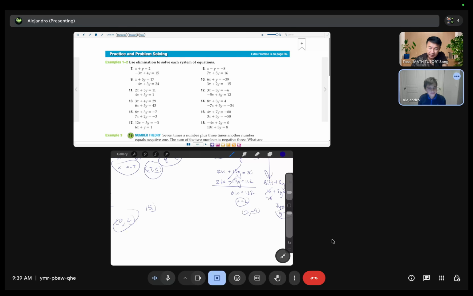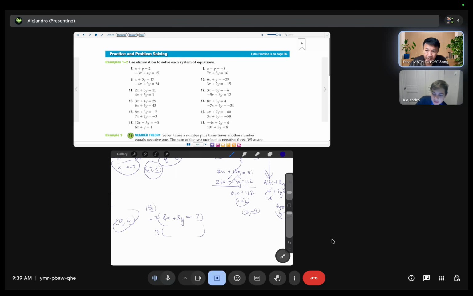I do the y. Okay, let's multiply the top by negative 3, or what do you want? Okay, negative 3. You mean negative 2 for the top? Oh yeah, right. Negative 2. Then the bottom by 3, just 3.